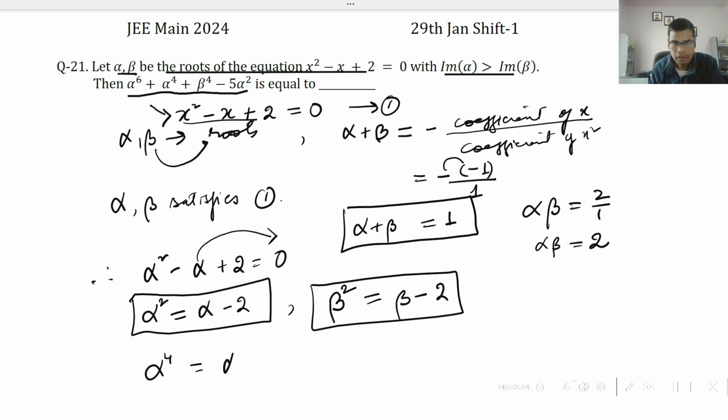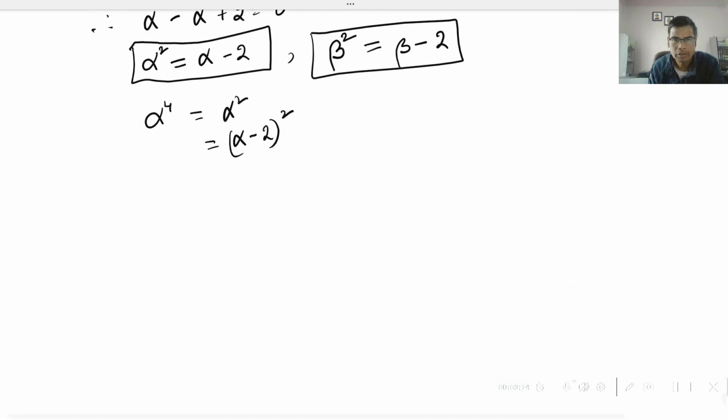Next, alpha to the power 4, because we need this also. Alpha to the power 4 will be alpha square whole square, and alpha square is alpha minus 2, so this is alpha minus 2 whole square. If we expand this, it is of the form a minus b whole square, which is the square of the first term, minus 2 times the product ab, plus the square of the second term, b square.